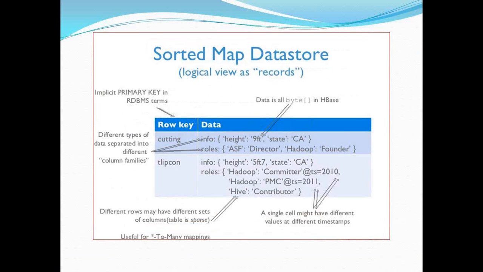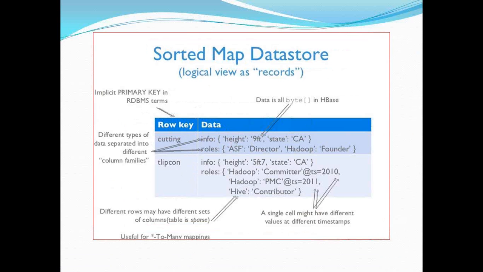Take a look at it. This is at a record level, the structure which you can see from a data perspective. If you have an individual row here pointing to cutting, and you have two different data sets, info and role, that need to be stored as a group.